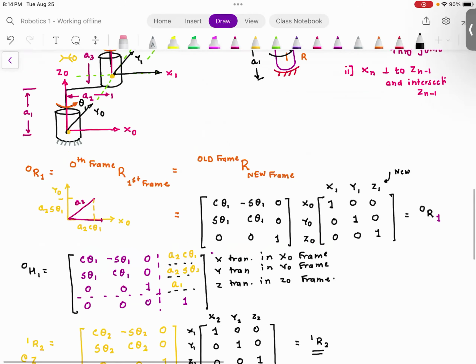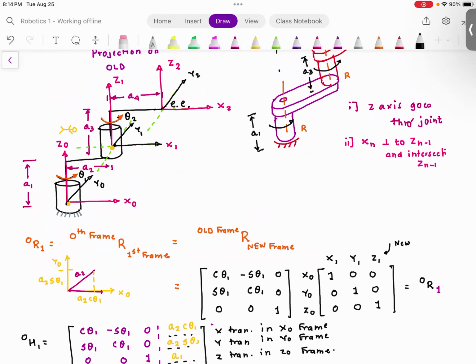Now let me ask you this. Can someone tell me what is the x distance between the frame 1 and frame 2 in the coordinate frame x1? Do you agree with me? It will be A4 cosine theta 2, just like the previous case. Everyone understood this? That distance between two coordinate frames, that equation has to be valid for all the values of theta.